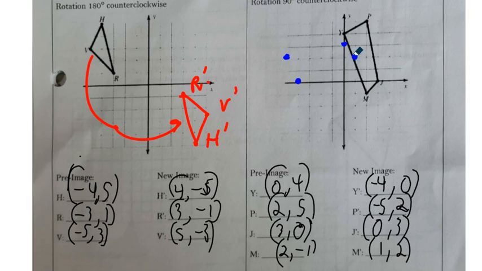Right there. And there's our shape. It moved 90 degrees counterclockwise, one quadrant basically. So negative 4, 0, here's my Y prime. Negative 5, 2, here's my P prime. 0, 3, there's my J prime. And down over here is my M prime.